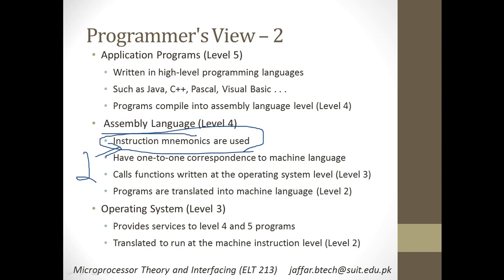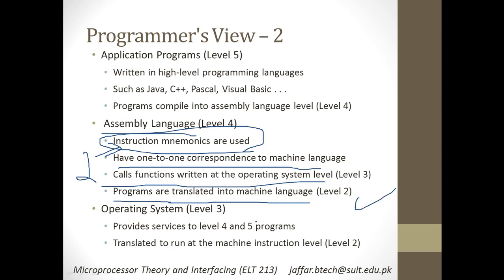So now I hope that this won't be that difficult for you, and it has a one-to-one correspondence to the machine language, and it can call the functions written in the operating system level language. The programs written in ALP are translated into machine level languages, and we have already discussed that in the previous slides.